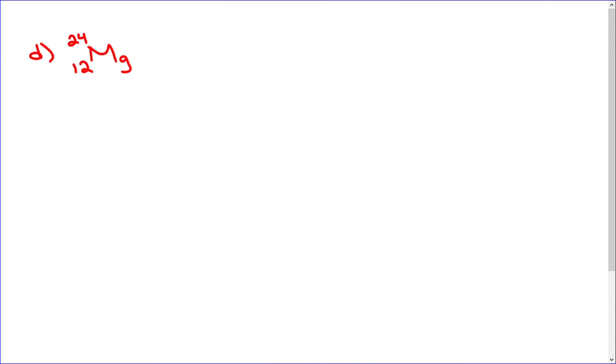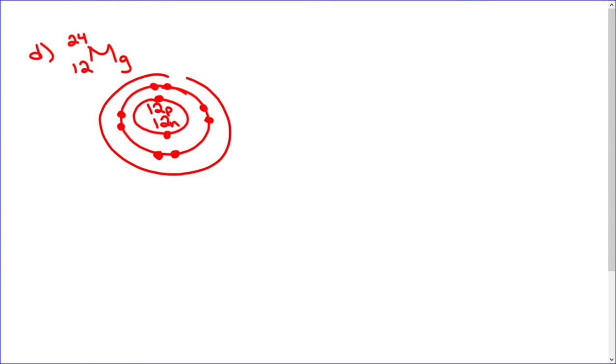So magnesium is going to have 12 protons and 12 neutrons. It's going to have 2 in its first shell. Remember that first shell's max is 2. Second shell's max is 8. That's going to bring us up to 10 in total. And then it's going to have 2 extra ones on the outside to make 12.